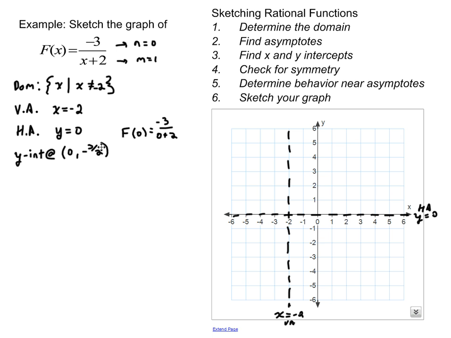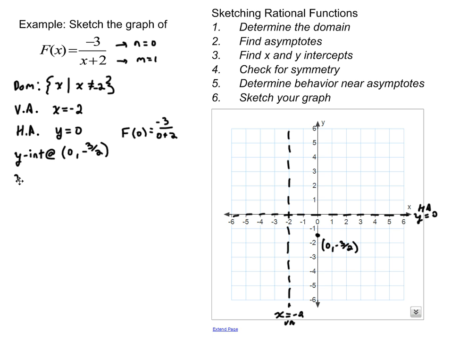Negative 3 halves is negative 1.5, so on my graph I'm going to go ahead and plot my y-intercept. My y-intercept is at 0, negative 3 halves. And I would always label that.